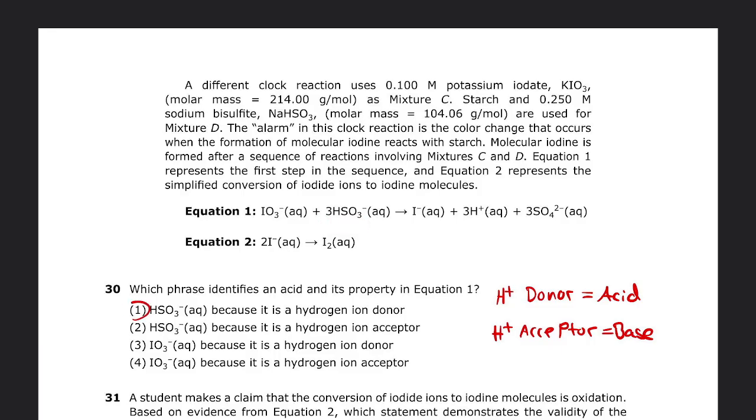So it's got to be choice 1. Right? It's certainly not accepting hydrogen ions, because it's starting as HSO3 minus and then it's ending as SO4 minus 2. So what it's accepting is an extra oxygen. IO3 minus cannot be a hydrogen ion donor because it doesn't have hydrogen ions. And there's really no evidence to show that IO3 minus is accepting hydrogen ions. Thus, choice 1 is the best answer choice.